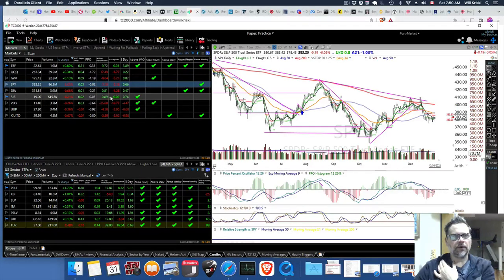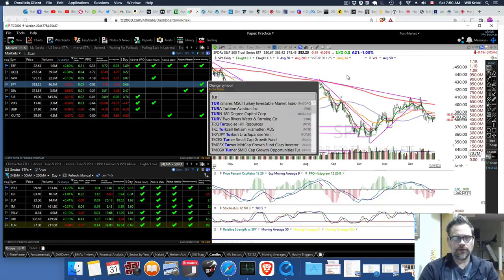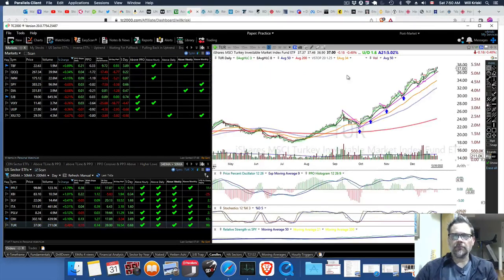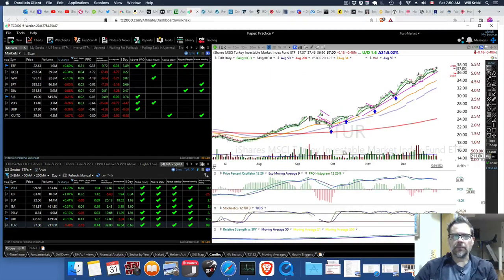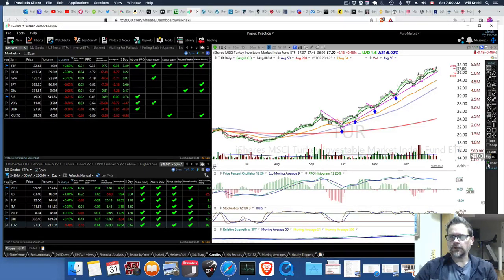In a nice uptrend, I'll just show you something like Turkey, this ETF. It's a bit extended right now, but you pull back to the 50, and then you have this really beautiful uptrend. What you notice here is that the moving averages that I have on here are in sequence.